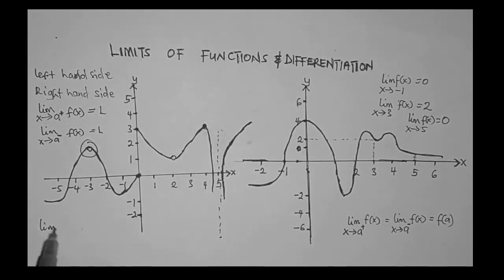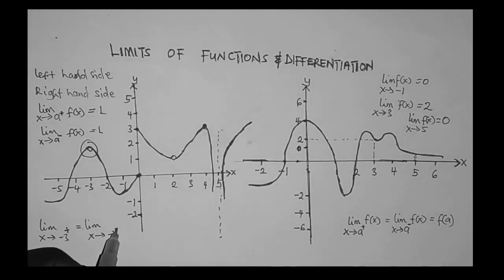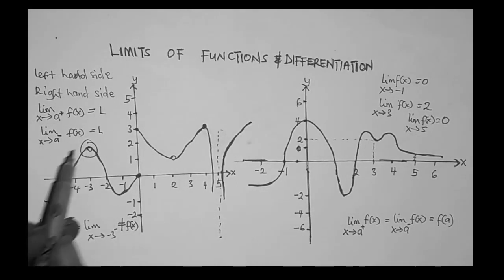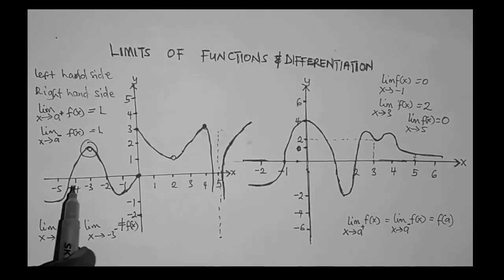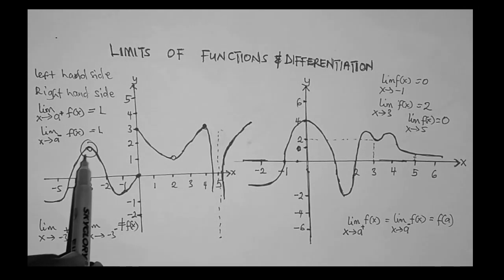The limit as x approaches minus 3 from the left is equal to the limit as x approaches minus 3 from the right, but it is not equal to the value of the function because there is a jump at that point. And because of that hole in the function, this limit does not exist.